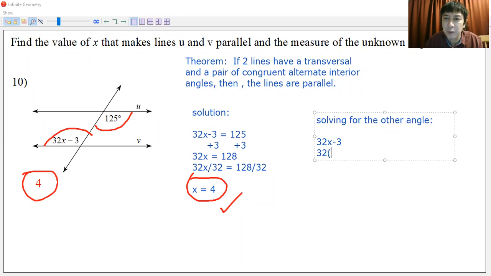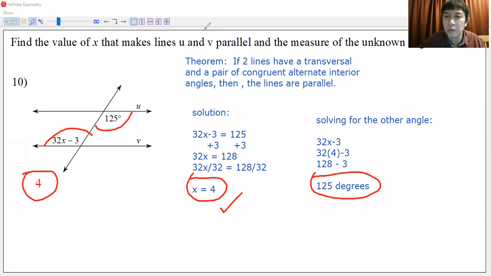That's 32 times 4 minus 3. 32 times 4 is 128, and then we subtract the 3, which gives us 125 degrees. Correct. The other angle is also 125.